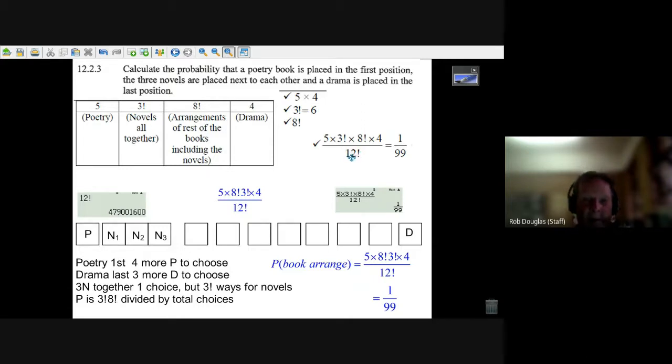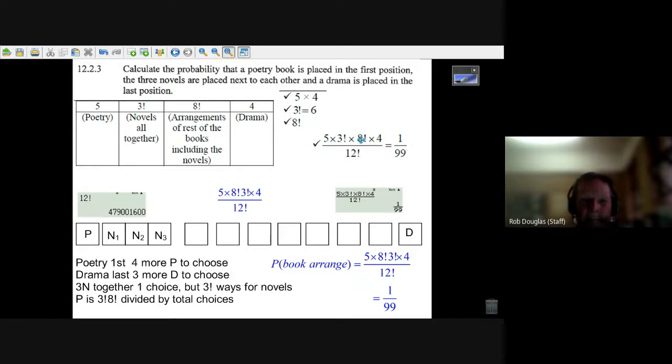I think in the memo, one mark might be just for putting 12 factorial in the bottom. Five poetry choices in the first, so it's times five. Four drama choices, so it's times four. That's worth some marks. Now you're going to put the three novels together, but there's three times two times one, three factorial ways to arrange them.